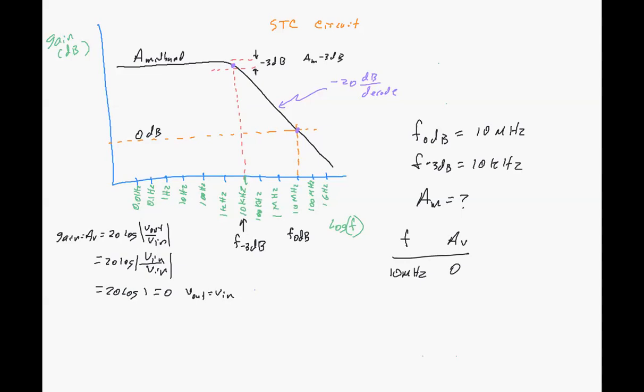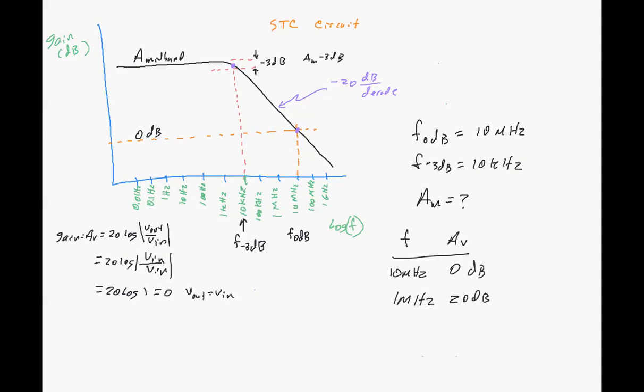And if we change a decade in frequency, right now if we decrease, we go that way, that means we're working up. So it's minus 20 dB going down, it's plus 20 dB going up per decade. So at 1 megahertz, that's a 10x change, we would be at 20 dB.